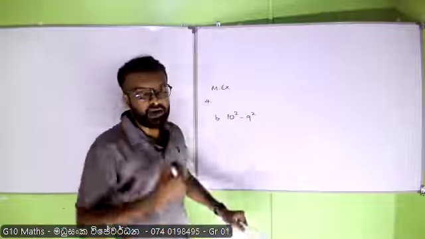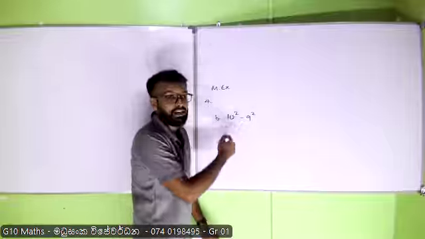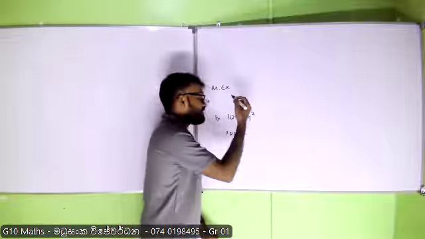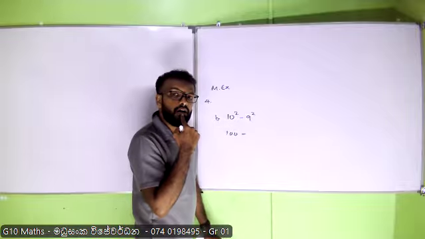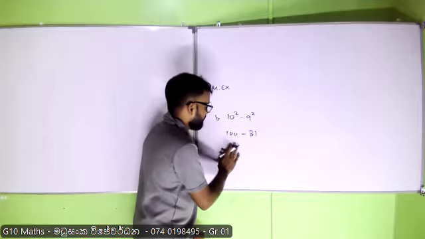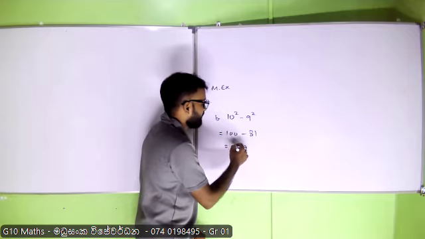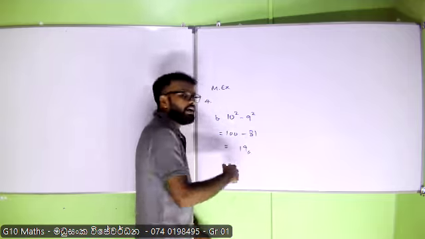I will do it my way. 10 to the power 2 is 10 times 10, 100. 100 minus 9 times 9, 81. This is easy. 100 minus 81, you are going to get 19, then 90. Done.